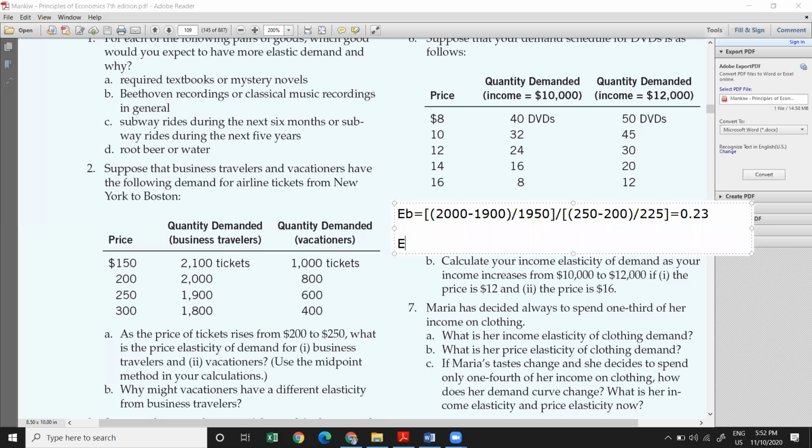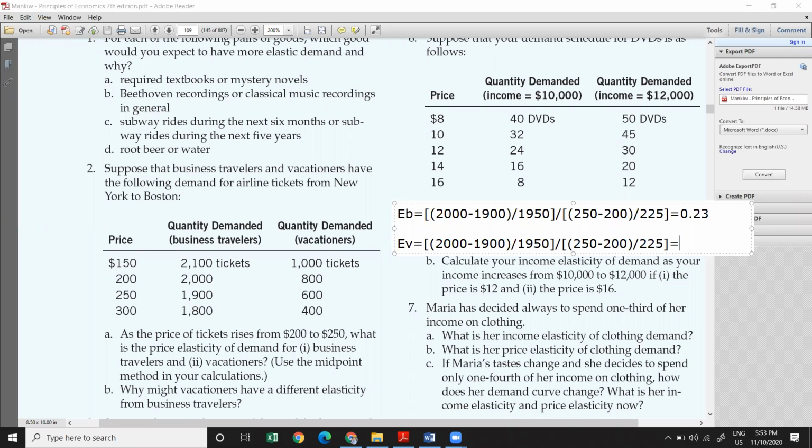And vacationers are considered more elastic because it's a luxury product. If the price goes down, you go and get the benefits of the vacation. If the price increases, you just refuse to go.